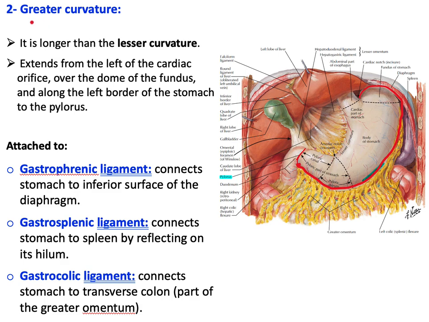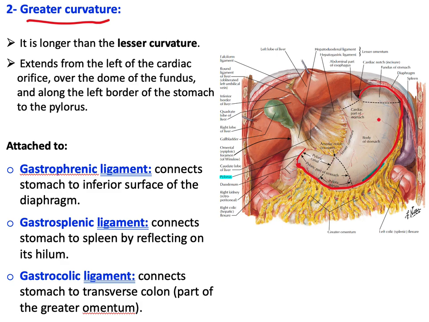Also, if you need to know more about the greater curvature, you can watch the lecture of peritoneum.